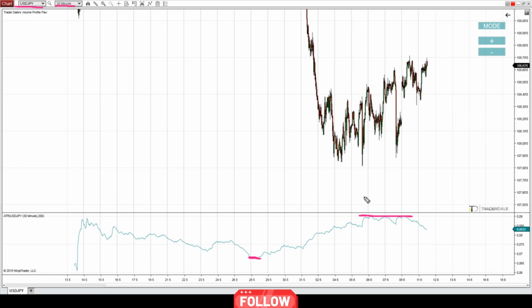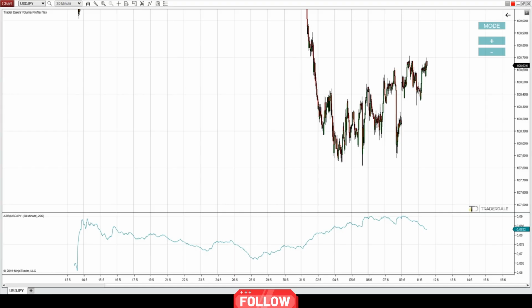So currently, in this period, 10% of the daily volatility would be 9 pips. All right, if you wanted to trade 20% of the daily volatility, that would be 18 pips, which would mean that your take profit would be 18 pips and stop loss 18 pips. Those are just rough numbers, but I wanted to show you how you can set the intraday profit target and stop loss for your trades.